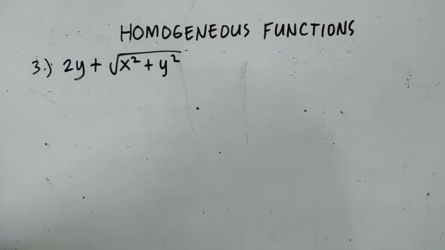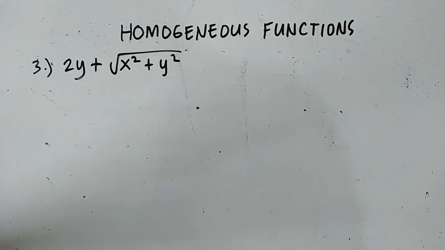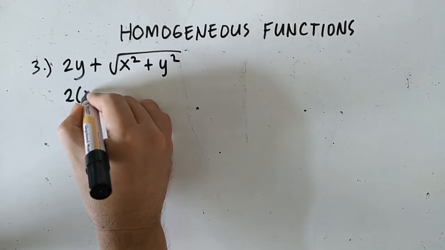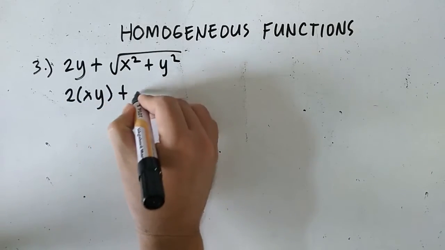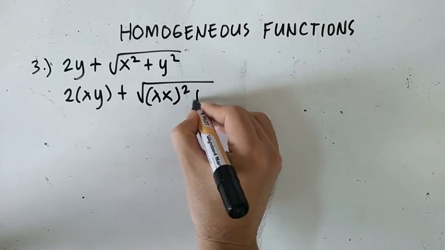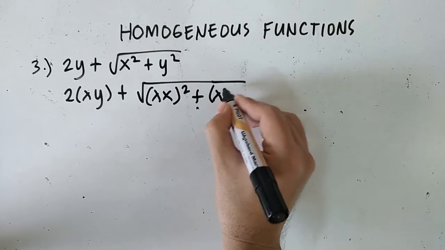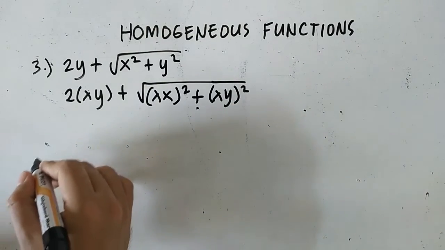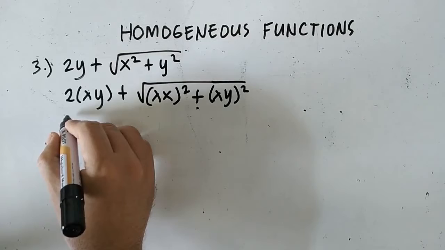Our third example is 2y plus square root of x squared plus y squared. So we have here 2 lambda y plus square root of lambda x squared plus lambda y squared. Okay, so what we do is we simplify.